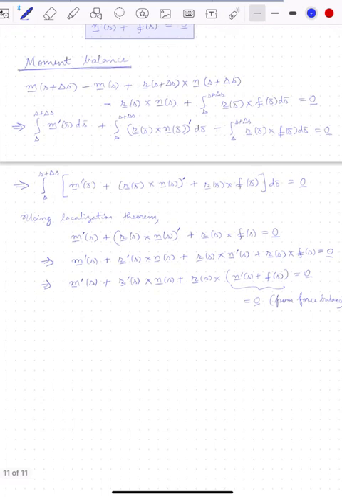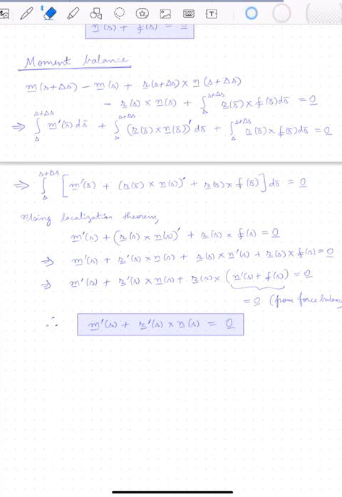Because of which all we are left with is, therefore, M vector prime of S plus R prime of S cross N vector of S is equal to 0 vector. So we have been able to obtain both these equations, but only in vectorial form.